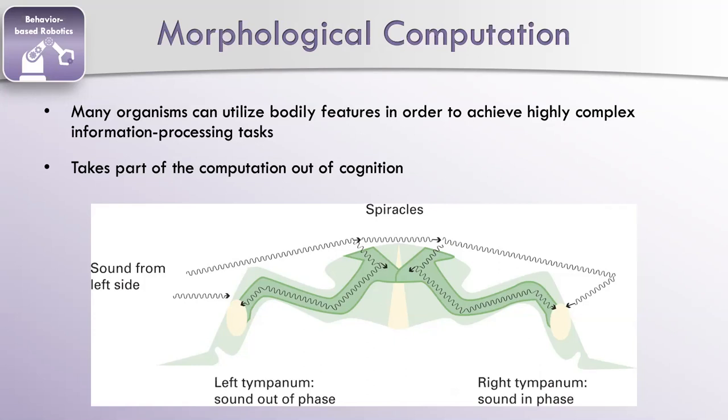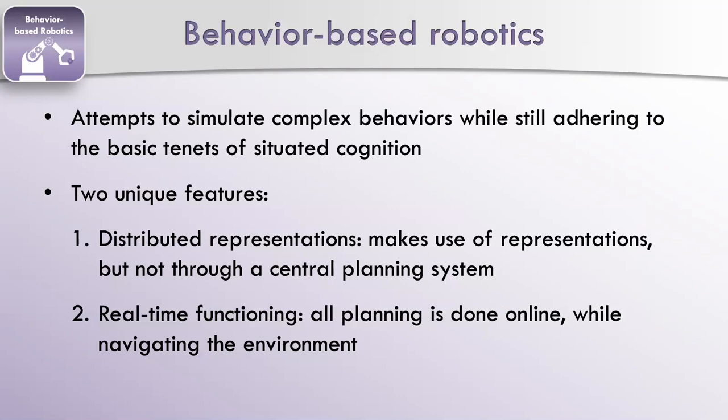Reflex behaviors are like this. So how complex can we make these reflex behaviors? How complex can we make any bodily action using very minimal assumptions about cognition? In fact, just the body.